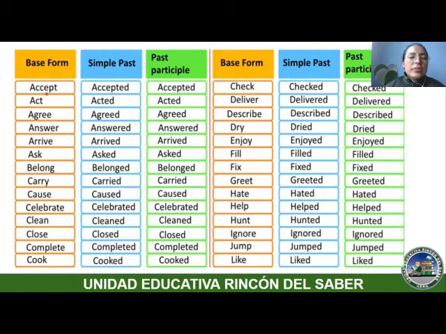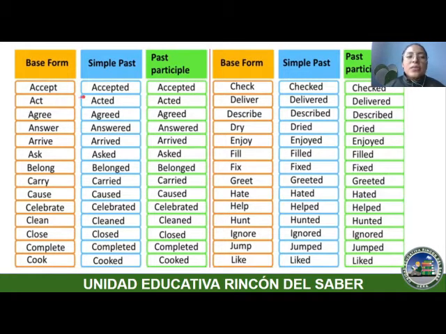Por ejemplo, accept is in present. In past, you only have to add ed. Tenemos que aumentarle la ed y ya está en pasado. Now, change in past participle. Is the same, exactly. You have to add ed at the end and that is all. Act. What is act?